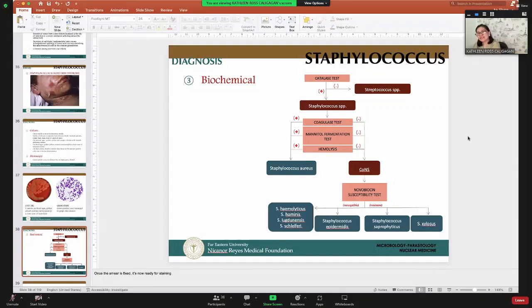Under the coagulase negative, to differentiate epidermidis from saprophyticus, you do the novobiocin test, which is a presumptive test for Staphylococcus. Okay, this is how they will look like.